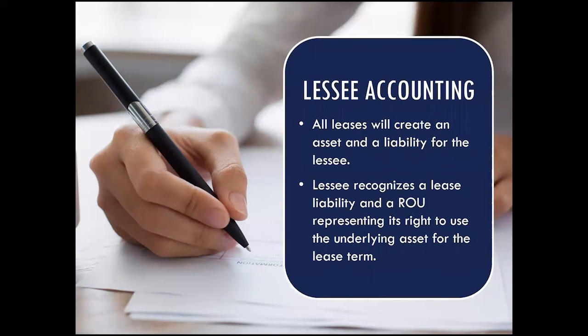There's a liability that we've all heard about, and there's also a right of use asset. And you'll notice as we go through this that an operating lease and a finance lease really start out the same, and then all of the accounting after is where the difference between the operating and finance lease comes into play.